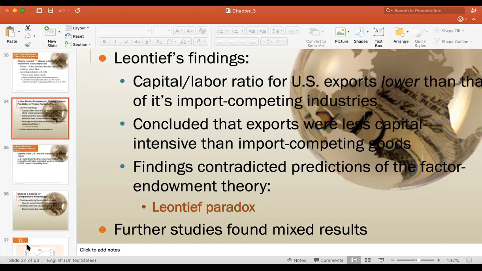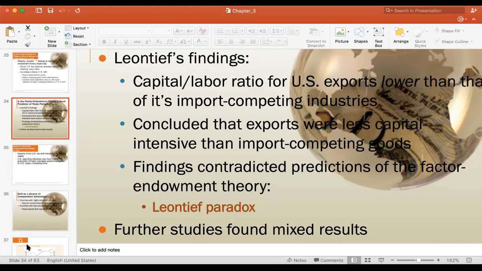They found that the HO model still does a very good job of predicting trade patterns. Some economists said, no, actually it doesn't, it's half-half. Another economist sided with Leontief and said, no, it really doesn't do. So obviously what we ended up with from all these studies is mixed results.